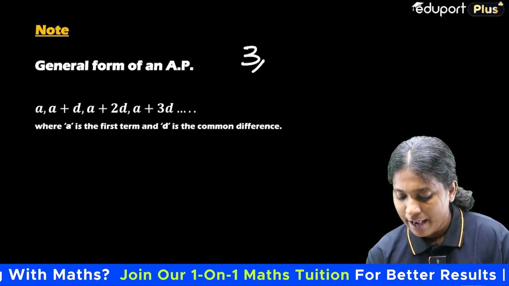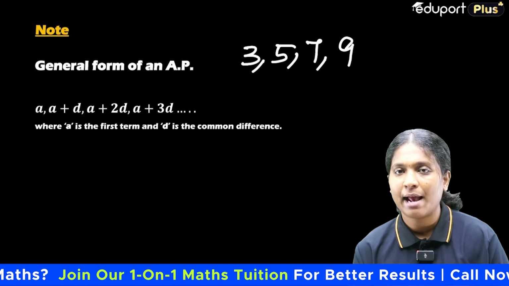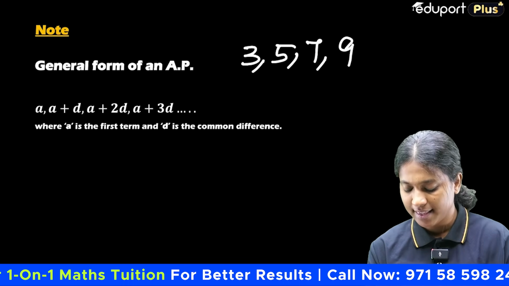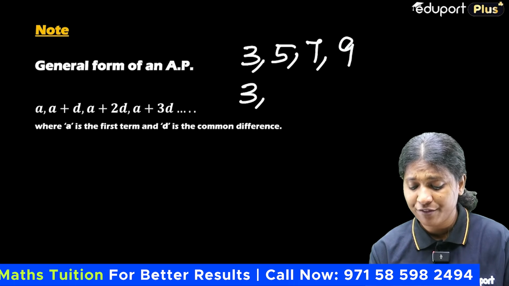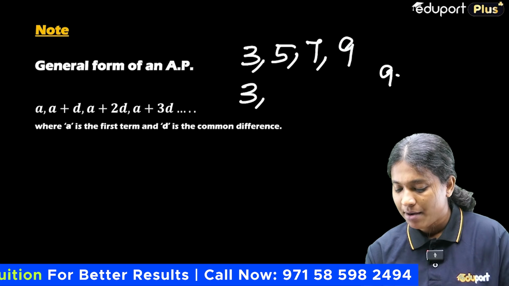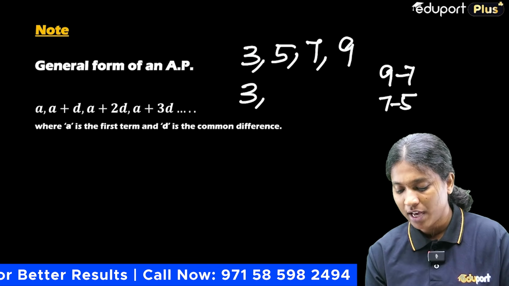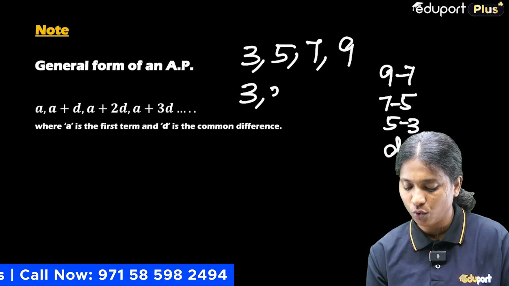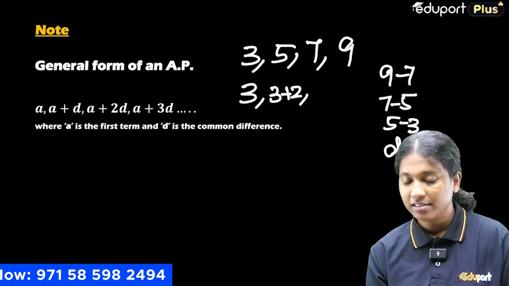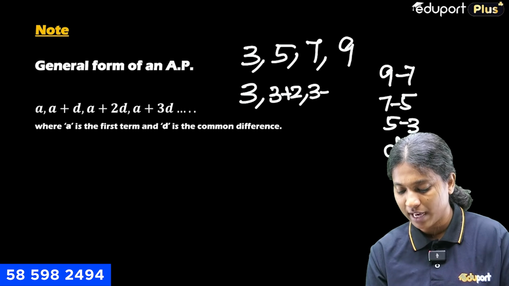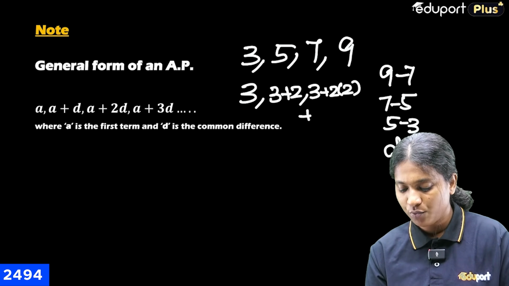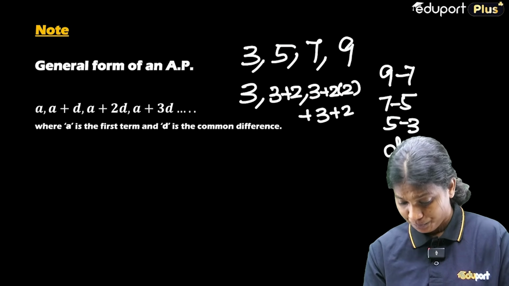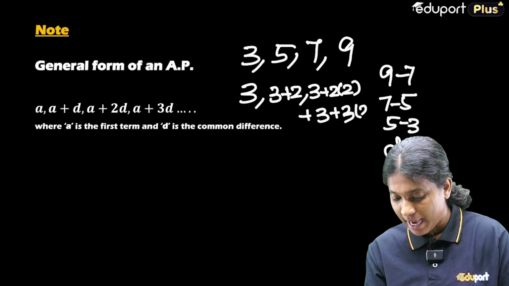Okay. Now, moving on. General form of an AP. So, 3, 5, 7, 9 is the AP that I am taking. Here A is 3, right? The first term is 3 and the common difference is 2, which you can get from 9 minus 7, or 7 minus 5, or 5 minus 3. So, we can write 3 plus 2, and 3 plus 2 into 2 for the next, and then 3 plus 2 into 3.